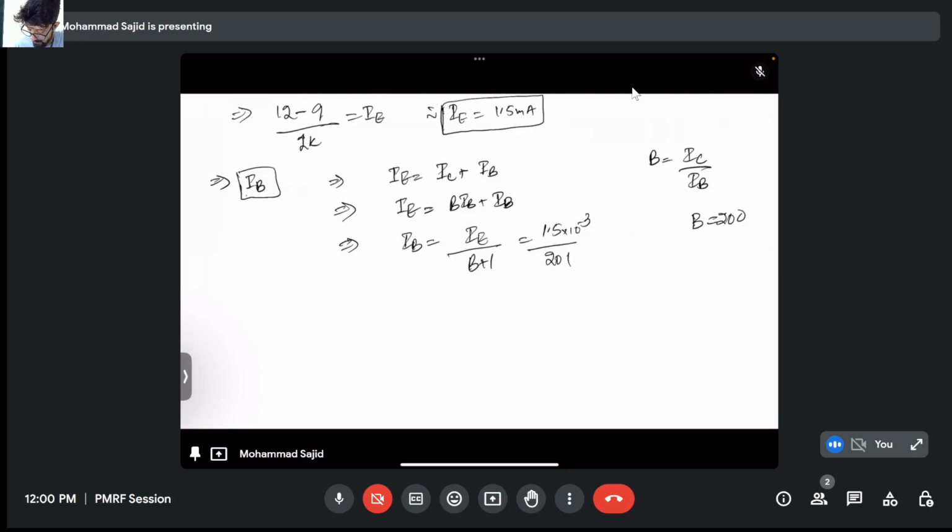It comes out to be 0.0075 into 10 to the power minus 3. IB comes out to be 7.5 microampere, right? Correct.